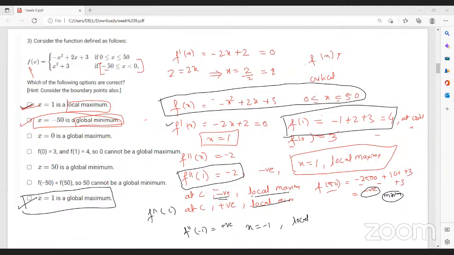Let me see. We have been given the function, okay.